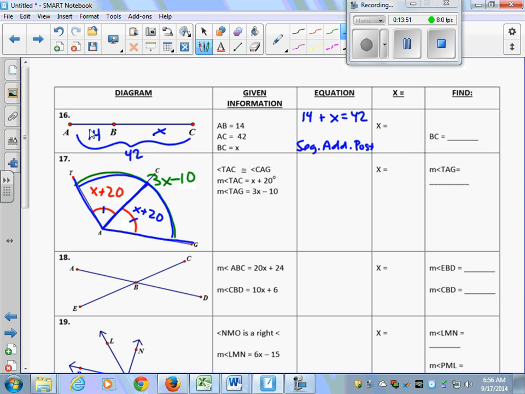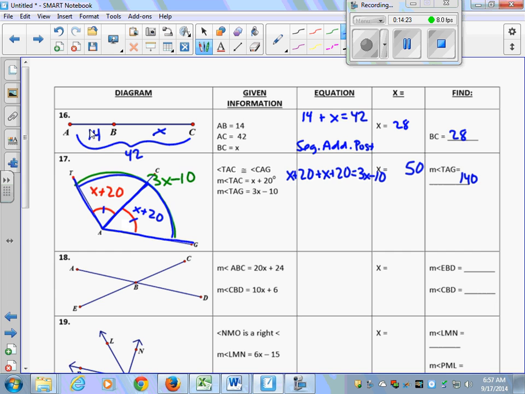So that's the way we want to write our equation: x plus 20 plus another x plus 20 equals 3x minus 10. I'm not going to work all these out for you, but know that here the answer was 5. This was 120. Oops, sorry, 50. And this was 140. Here x was 28.